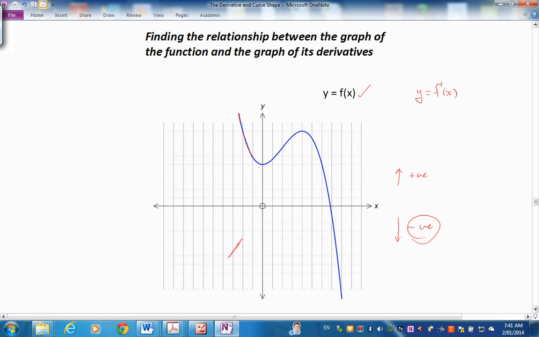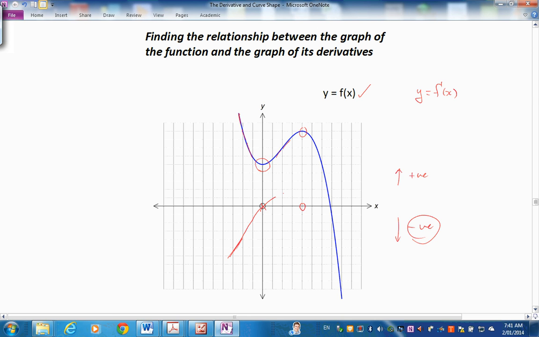What's the next interesting point? That's a turning point, so the derivative is 0. So it's got to go through here. Now, the tangents after that point, right through to this, are positive. So they're going to go up, the values are going to be positive. This is 0, so they've got to come down to 0 again.